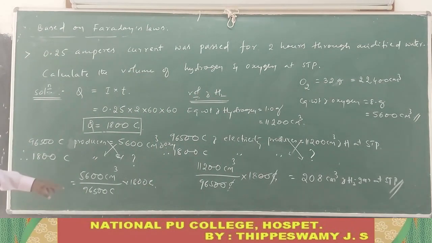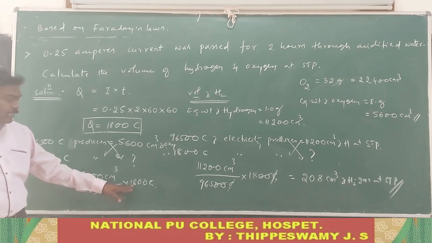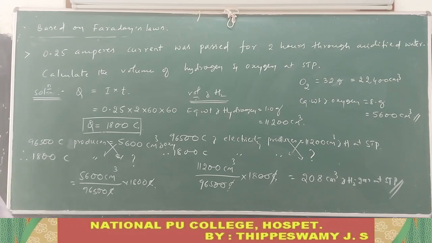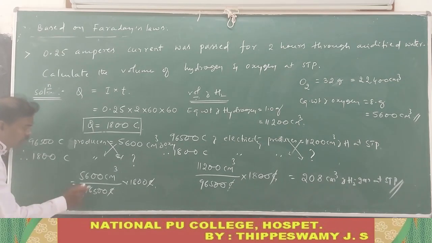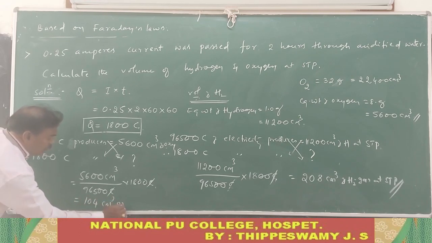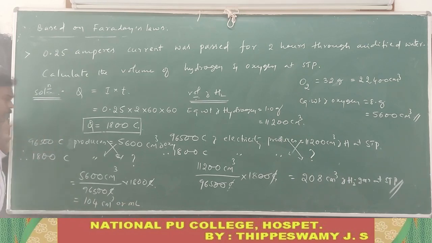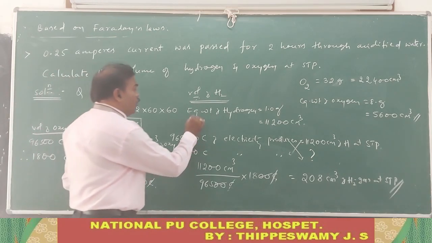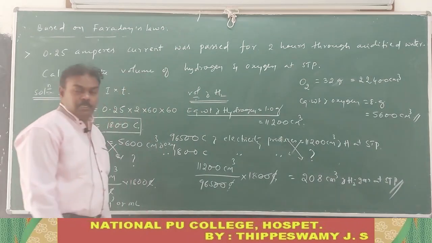Here coulomb and coulomb get cancelled. Then what is the final answer? 104 cm cube or ml, milliliter. So this is the volume of oxygen gas at STP, and the earlier one is the volume of hydrogen at STP.